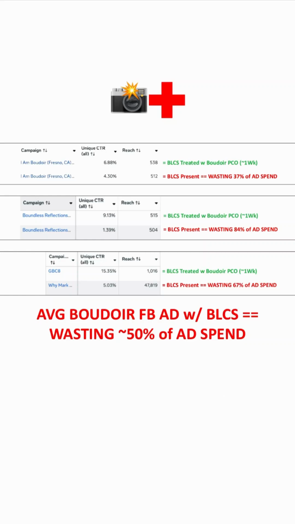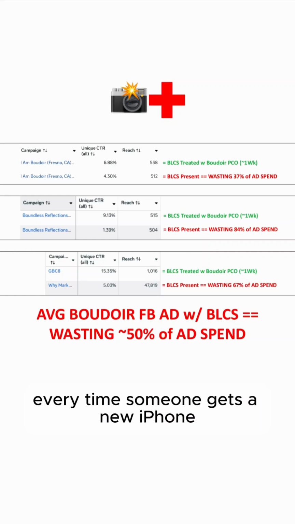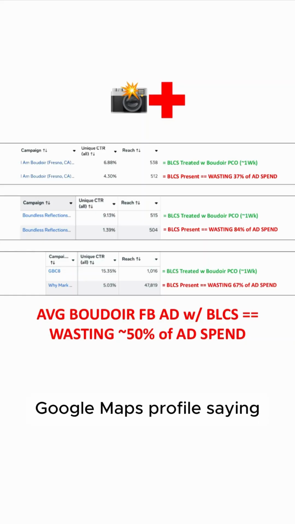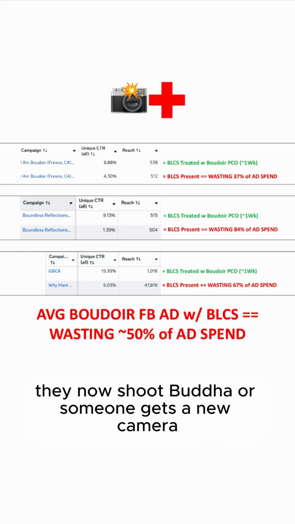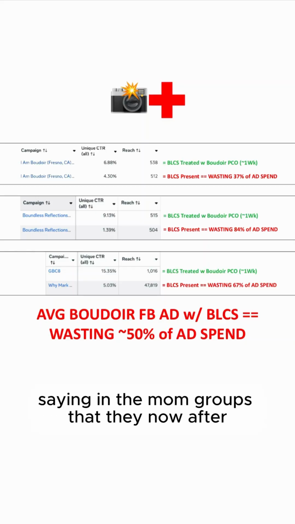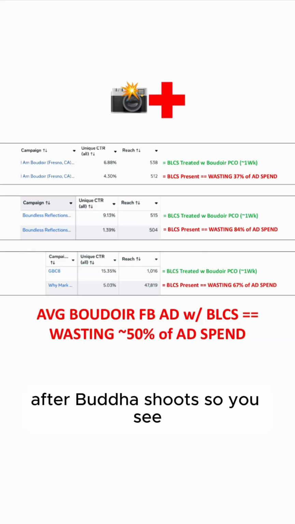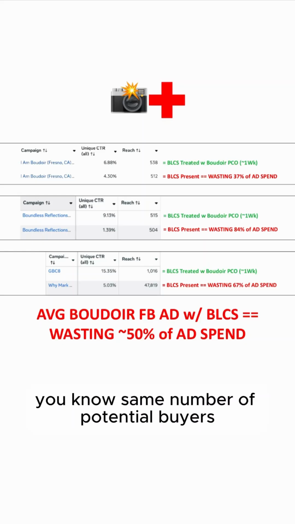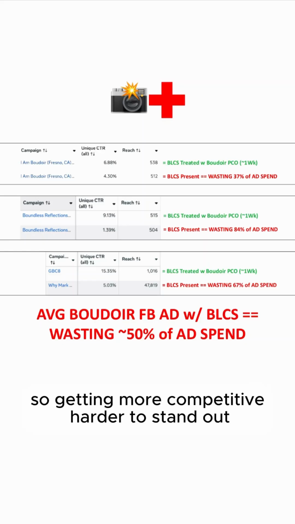Every time someone gets a new iPhone, there's someone opening a new Google Maps profile saying they now shoot boudoir, or someone gets a new camera and is saying in the mom groups that they offer boudoir shoots. So you see more and more boudoir photographers fighting over the same number of potential buyers, getting more competitive, harder to stand out.